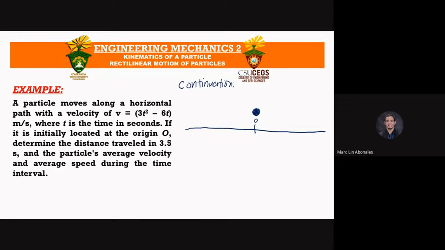Then it is initially located at the origin. Then kanina, we had this one to describe the position of our particle at any time. That is s is equal to t cubed minus 3t squared. Okay?